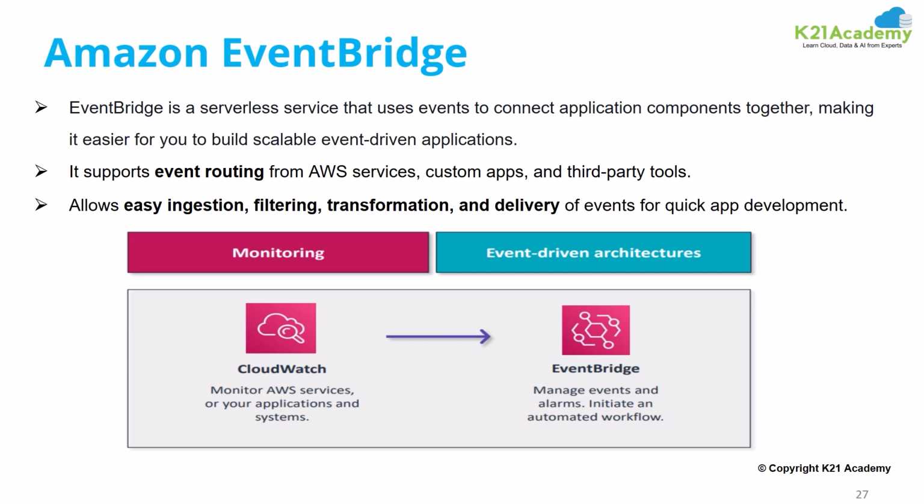EventBridge is the preferred way to manage your events that are captured in CloudWatch. CloudWatch Events and EventBridge are the same underlying service and API, but EventBridge provides more features.